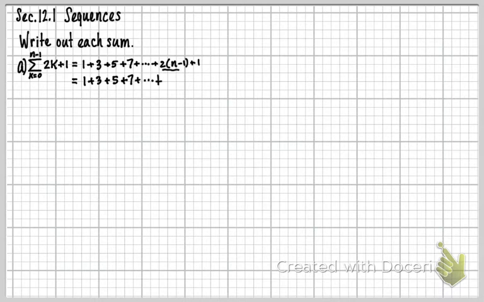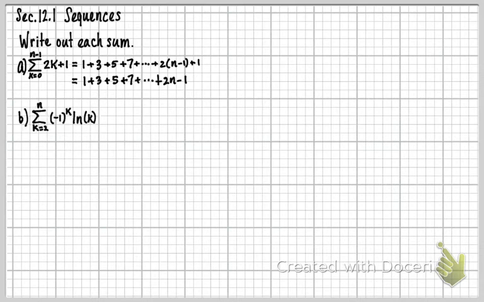And now this 2 times n minus 1 plus 1 is, when I distribute here, that's going to be 2n minus 2 plus 1. It's going to be 2n minus 1. And that's going to be writing out the sum right here. So that's the answer they're looking for in this problem.